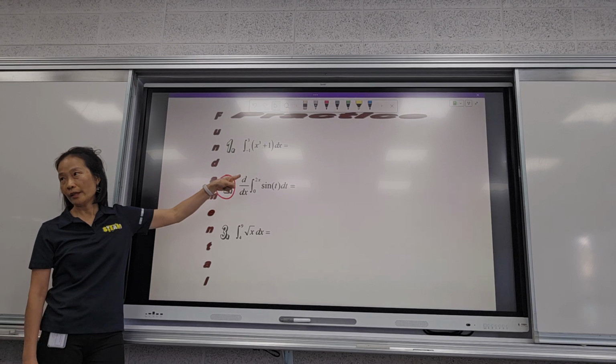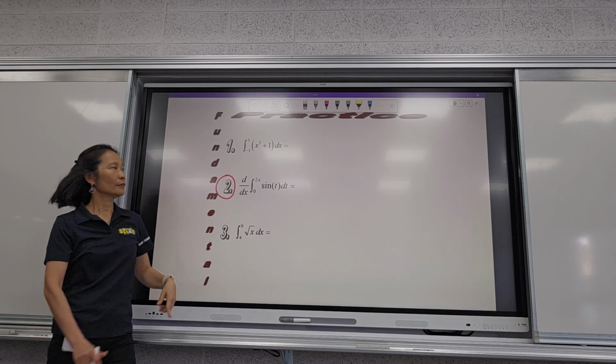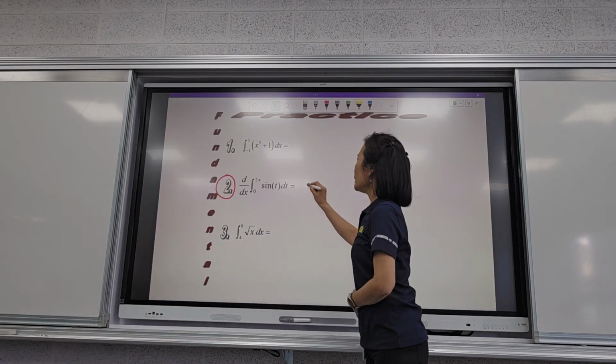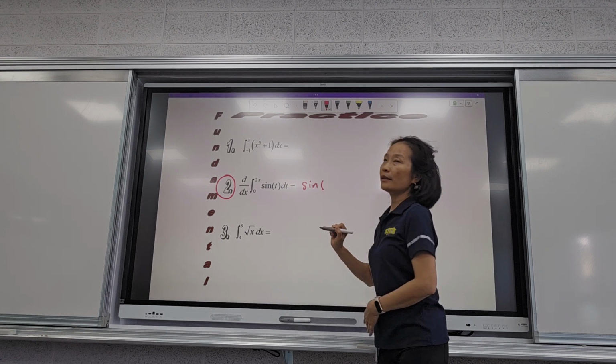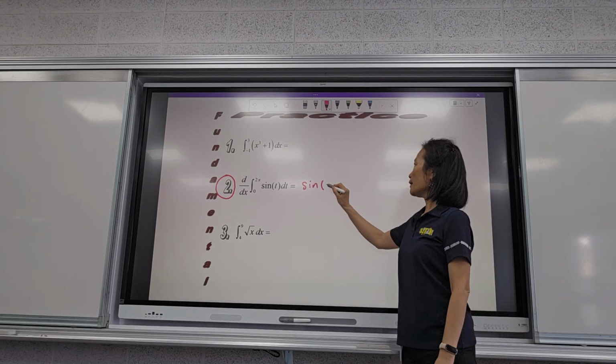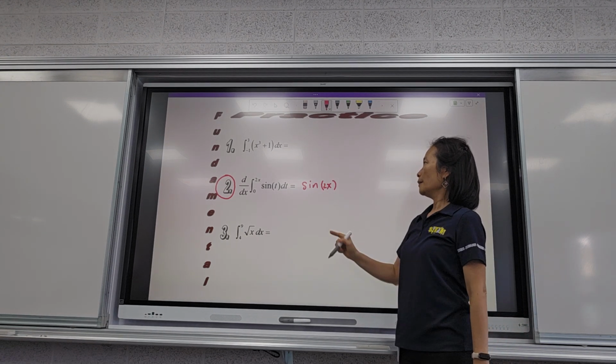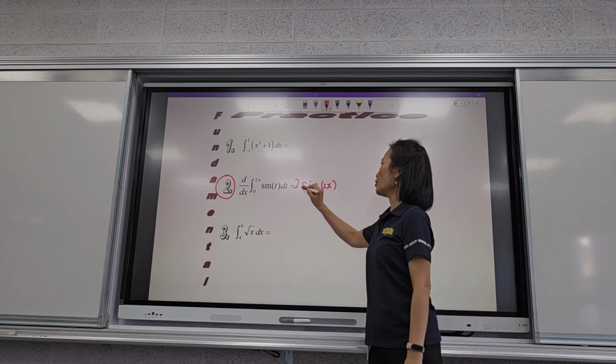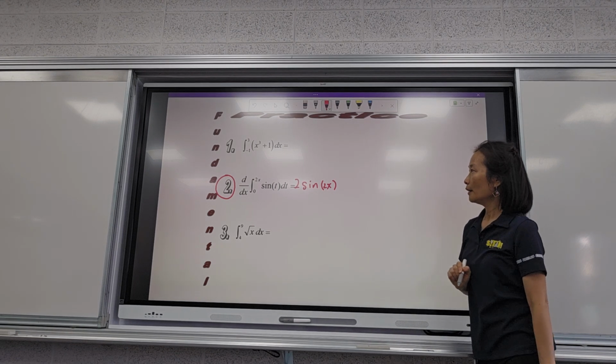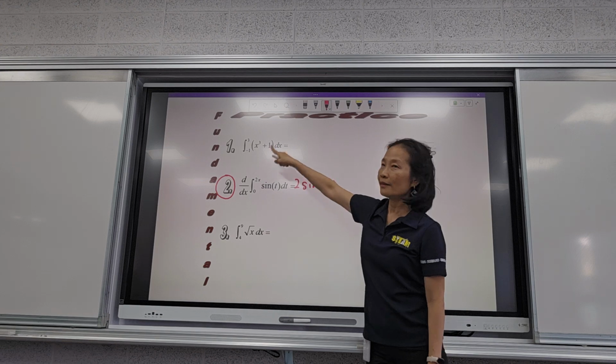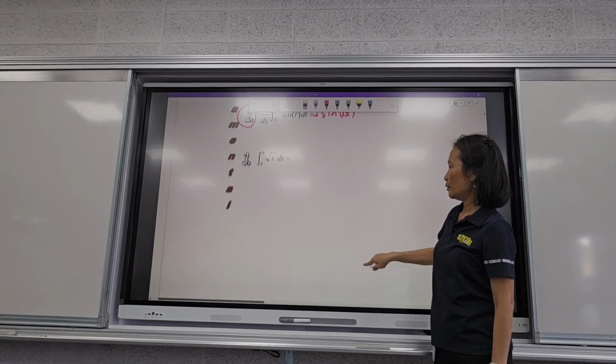Upper limit is a function, so this will become sine of 2x and multiply by 2 by the chain rule. Good. These two are the definite integral. I think you're good with that.